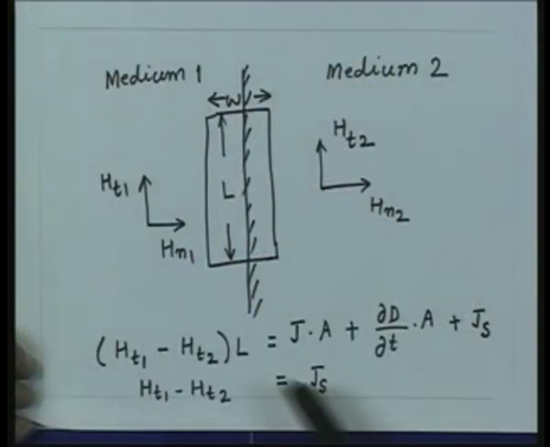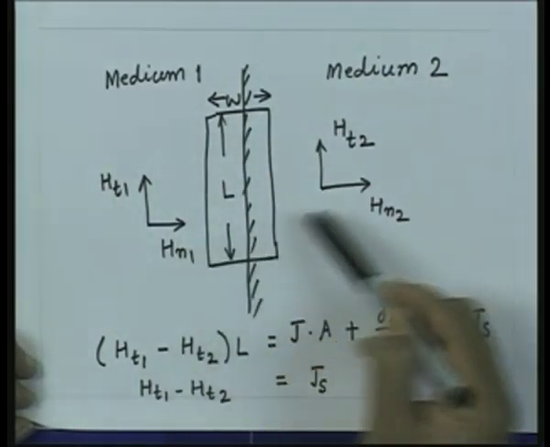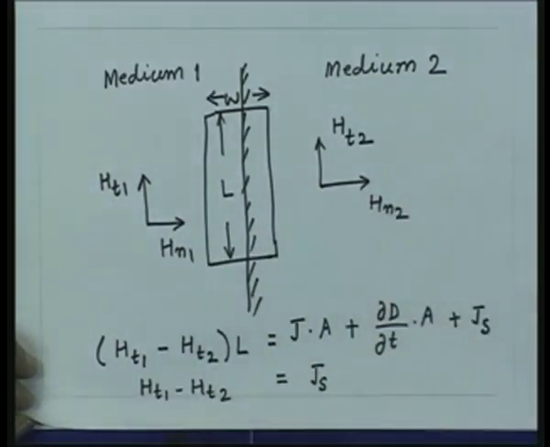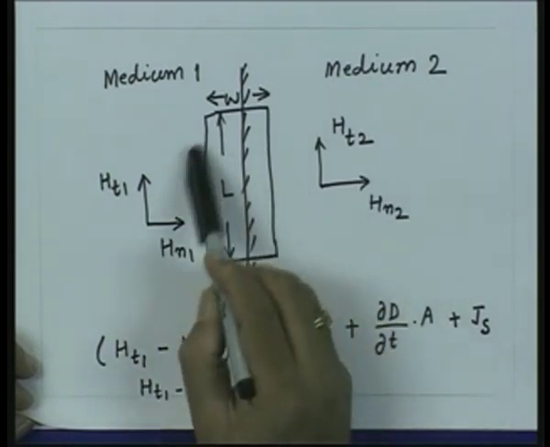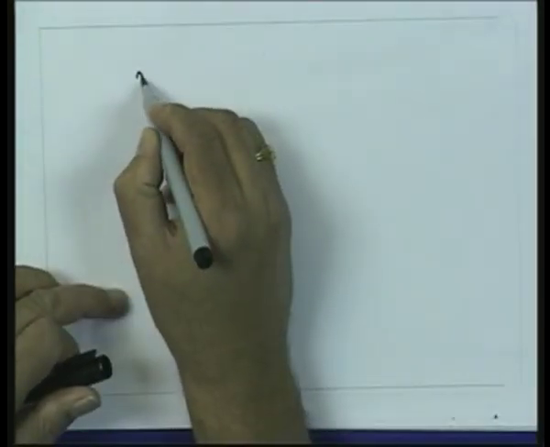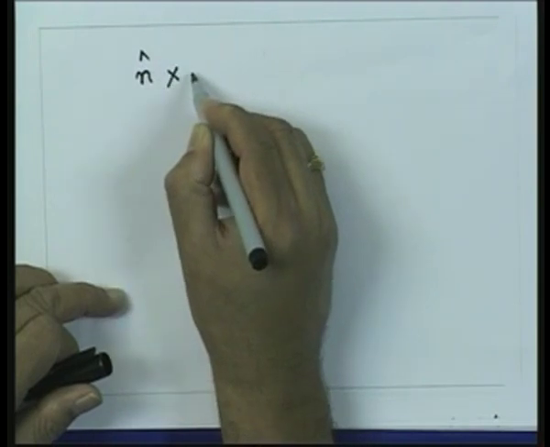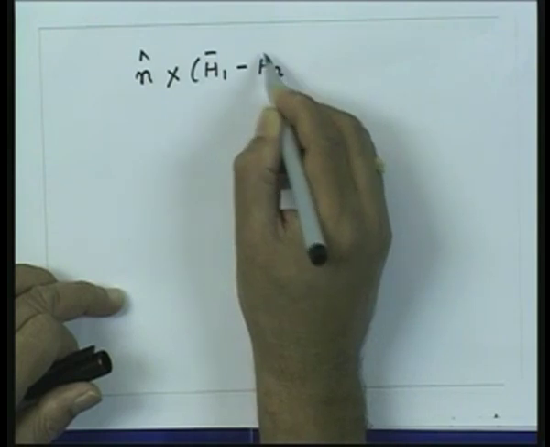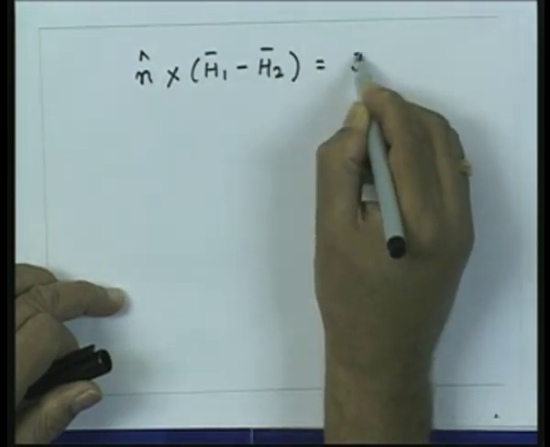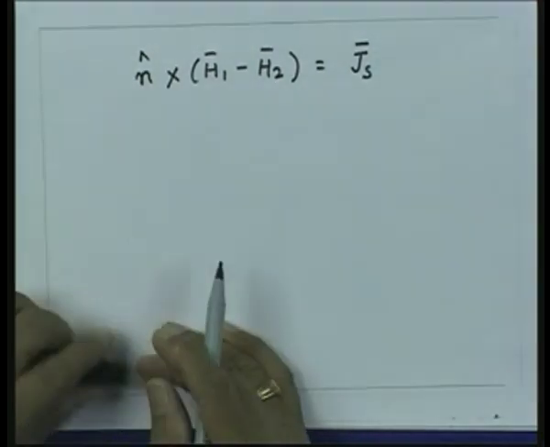Now this boundary condition can be written more compactly. If I have the total magnetic field in region 1 and region 2, then the tangential component can be obtained as the cross product of the normal to the interface and the total magnetic field. So many times this boundary condition is written as unit vector n cross H1 minus H2 is equal to the surface current density.